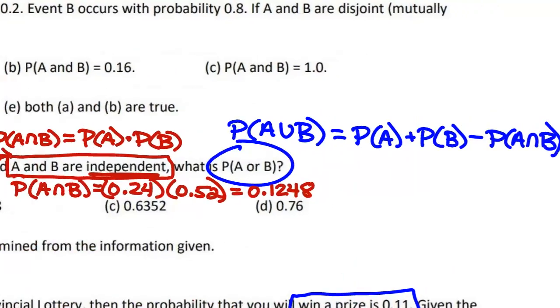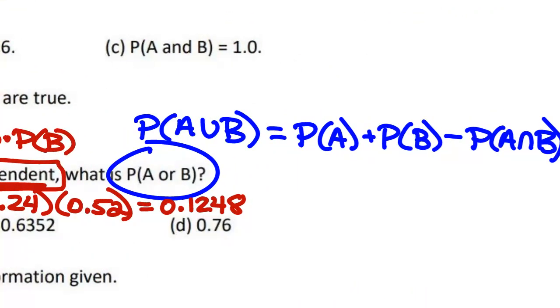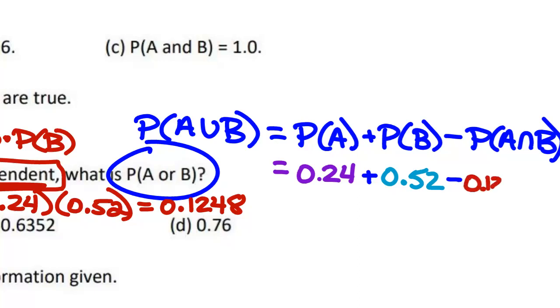So to find the probability of the union, the or, I have the probability of A, which is 0.24, plus the probability of B, which is 0.52, minus the probability of the intersection, which is 0.1248.